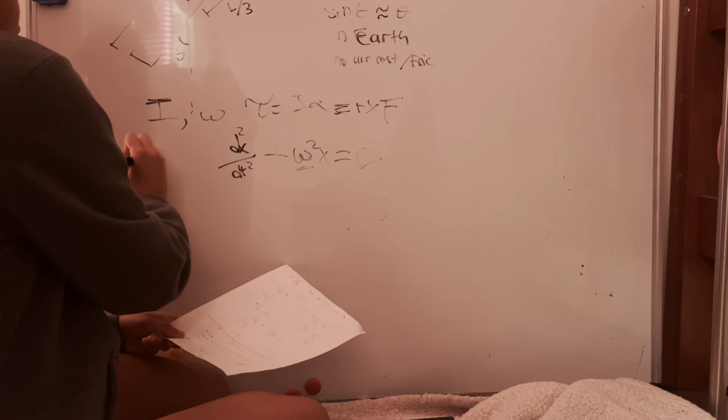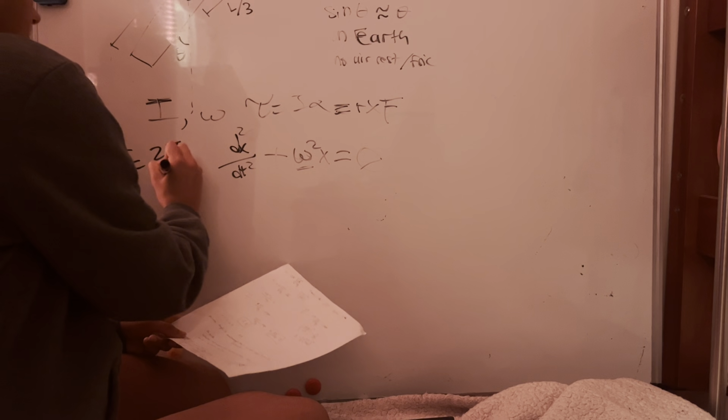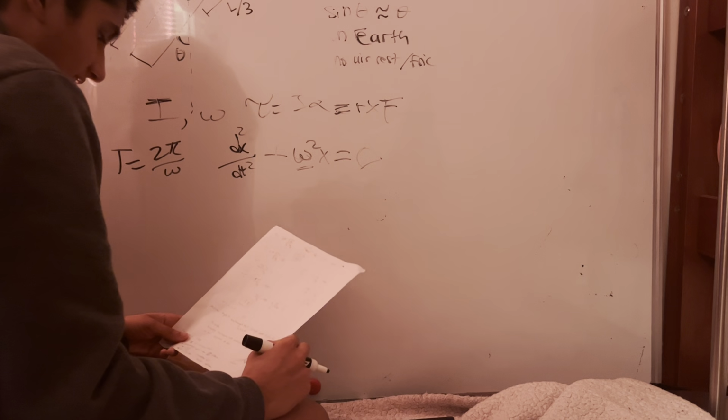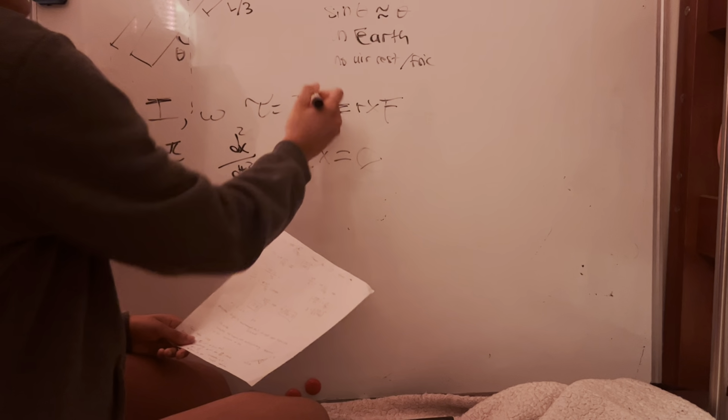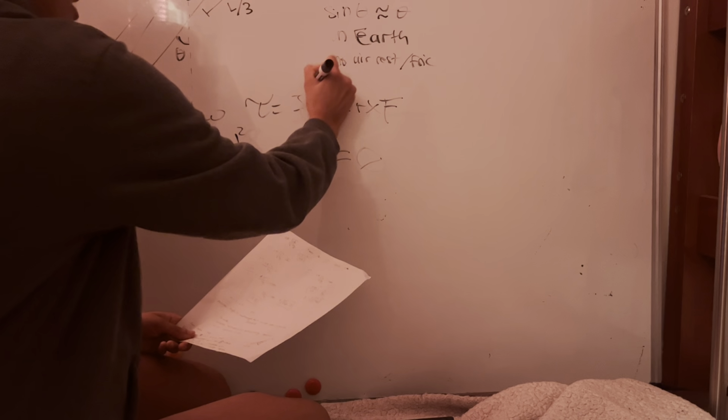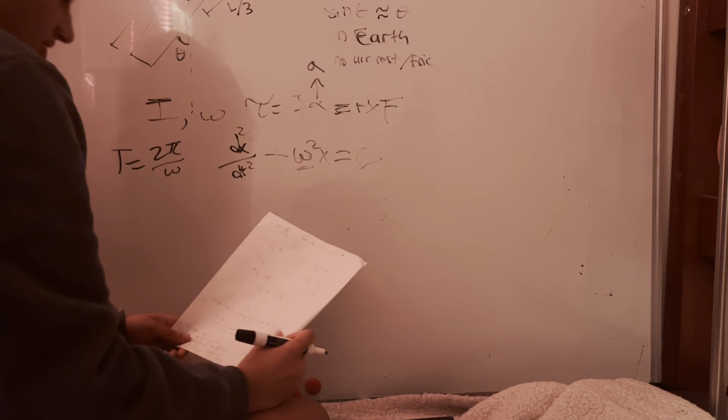We can figure out the period once we know omega, because period is just equal to 2 pi over omega. And using our torque equation, we can figure out alpha, and from alpha, the acceleration.